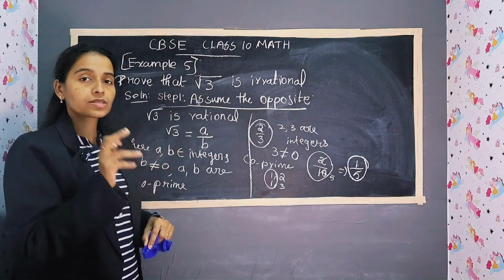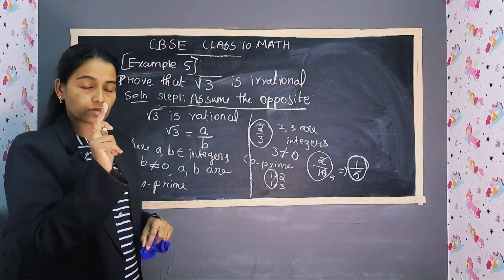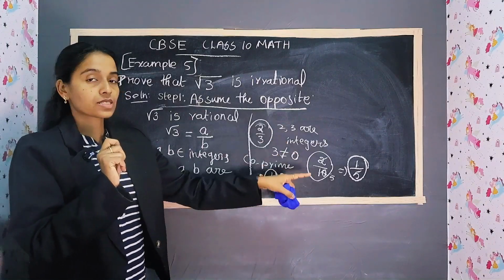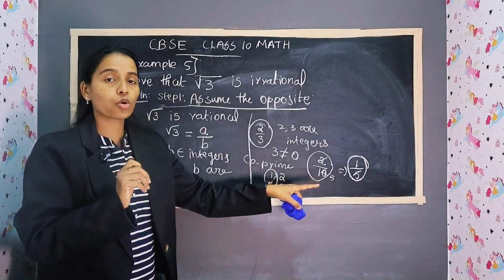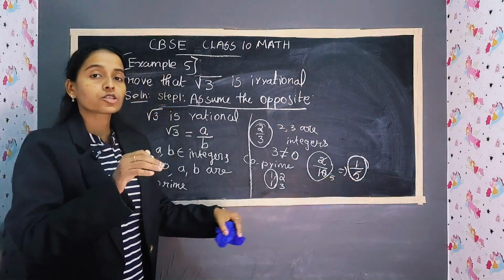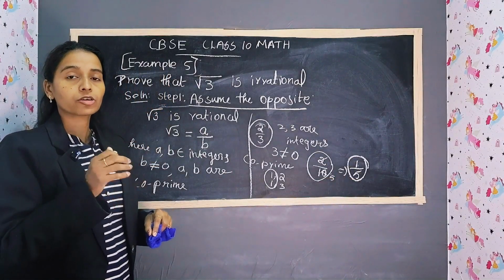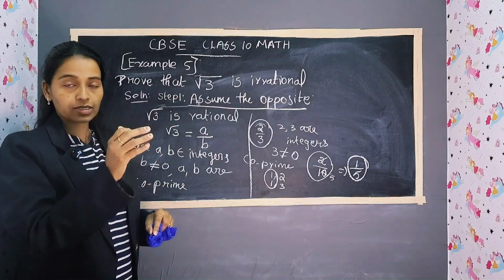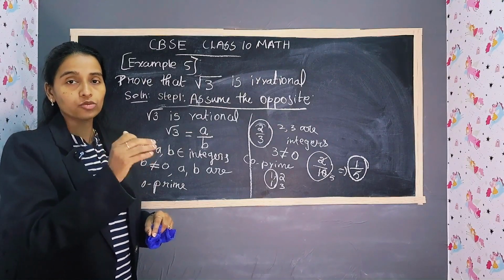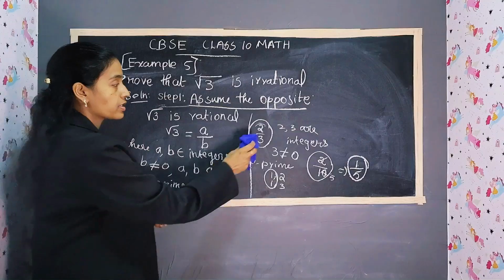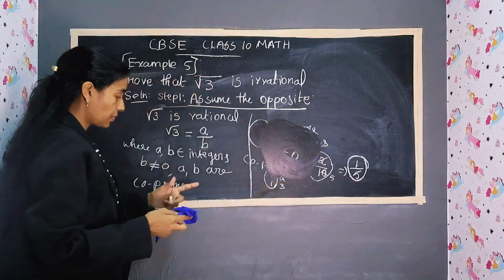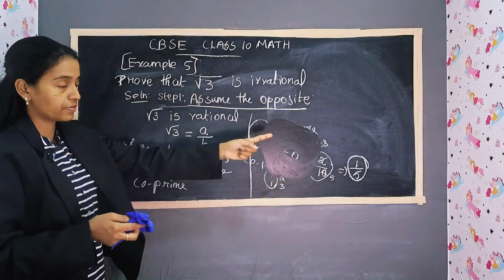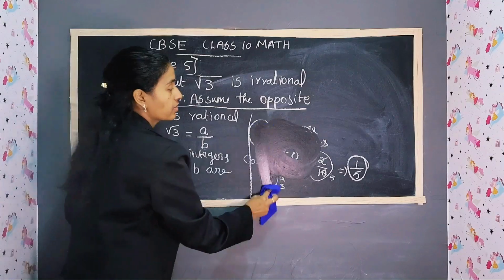If two numbers have only 1 as the common factor, we can say the numbers are co-prime. So whatever rational number you take, in fraction form, the two numbers are co-prime. This is a common thing. We are applying all of this here. That's what I have written over there.